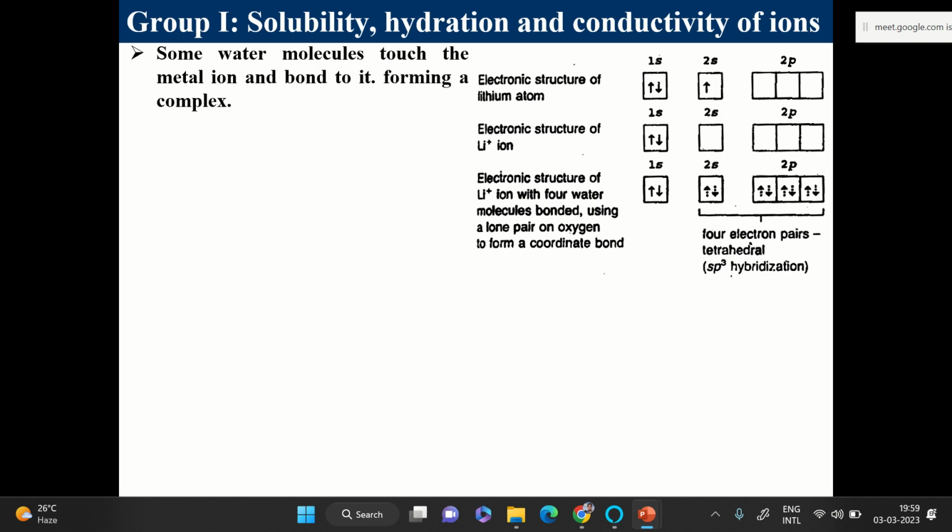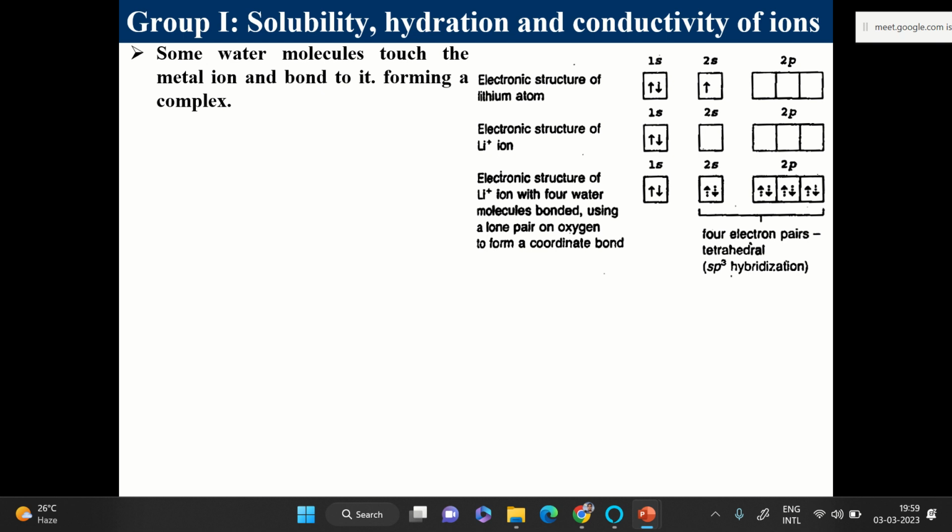So now we look at this hydration shell in much more detail. What happens is the first few water molecules are actually covalently linked. So how does that happen? We can just look at this.